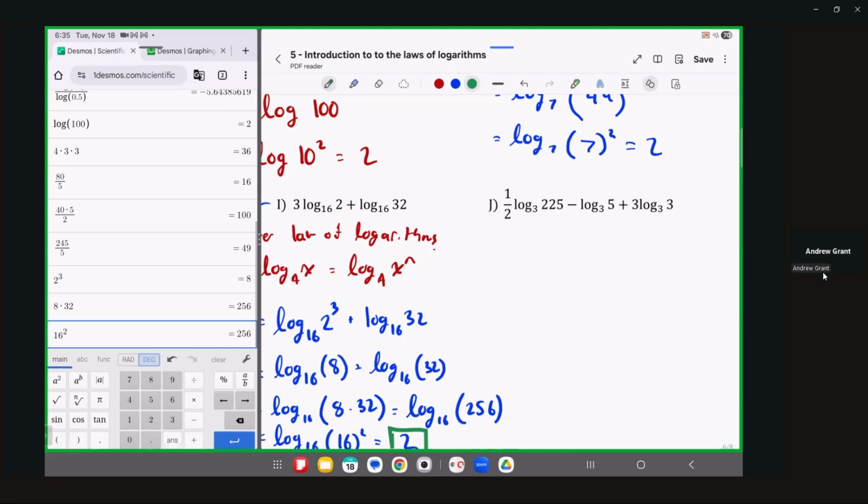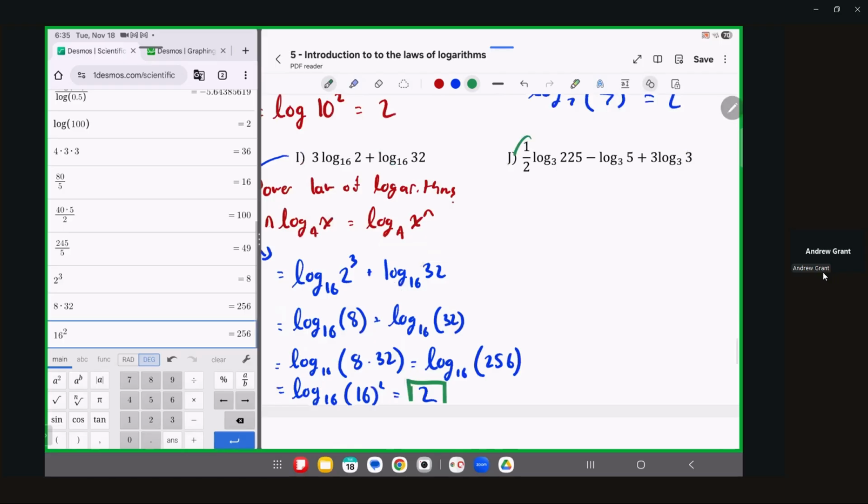Okay, so let's see how we did. So first thing you want to do is to go ahead and move the exponents back up. So this 1/2 will be applied to 225, and this 3 will be applied to the other 3.